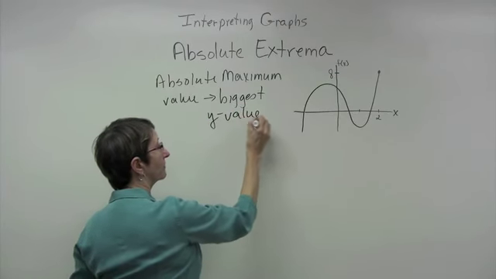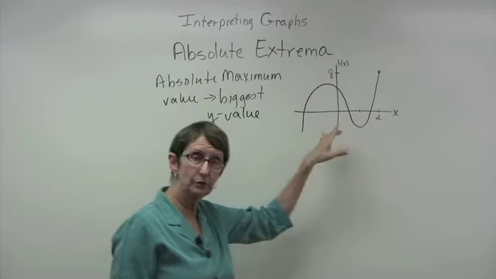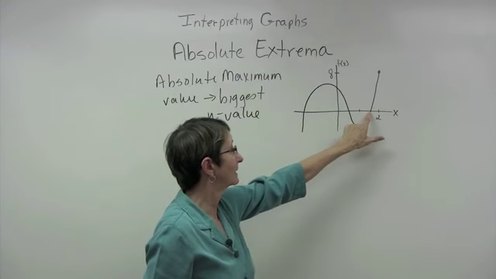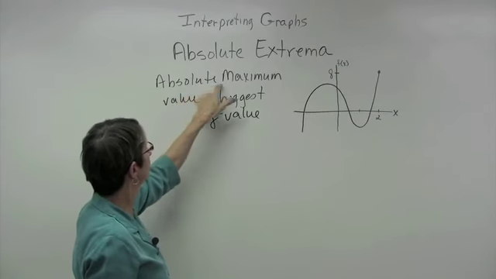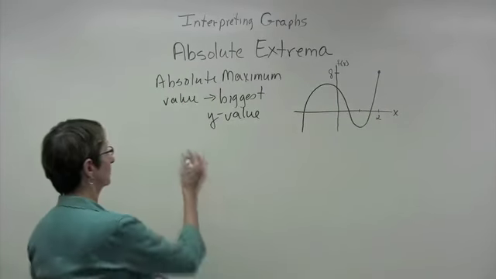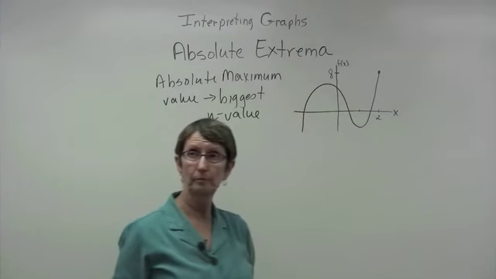Because when you look at a graph, you have x values, and each x that you plug in gives you a y value. So the absolute maximum value is the biggest y value.